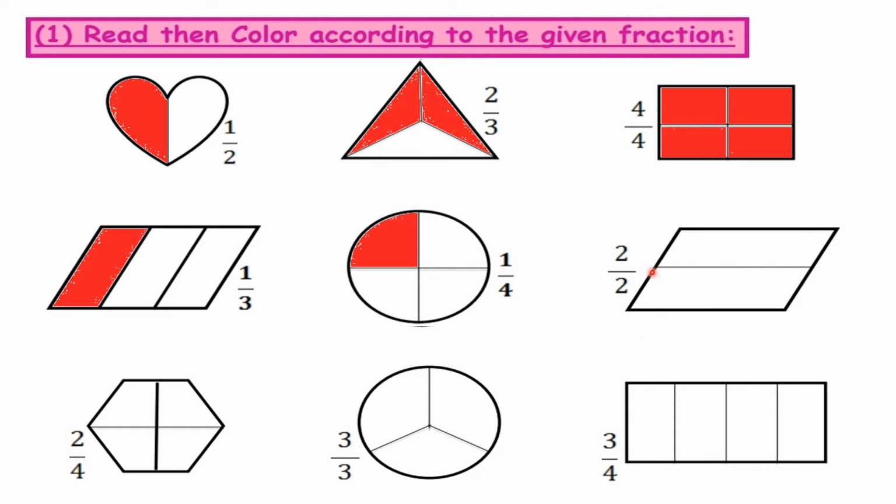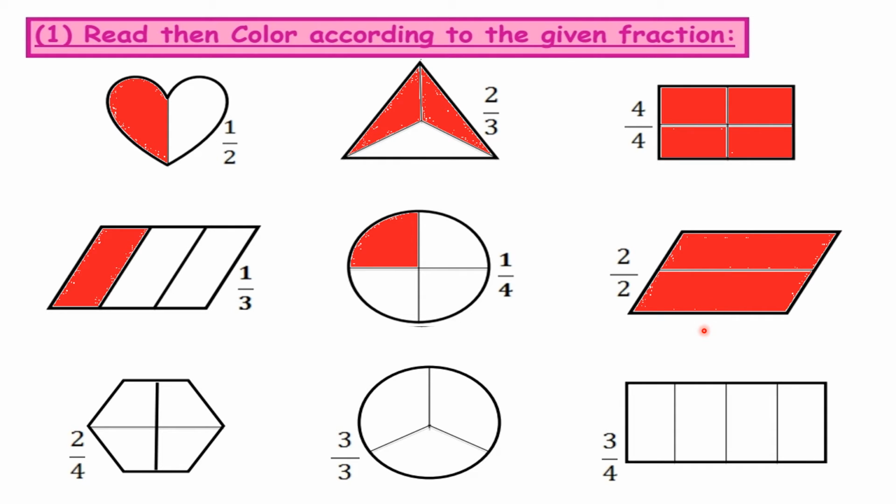And here you have to color 2 out of 2, so I will color all the shape. And here I want to color 2 out of 4, so I will color 2 parts out of the 4 to have this 2/4.